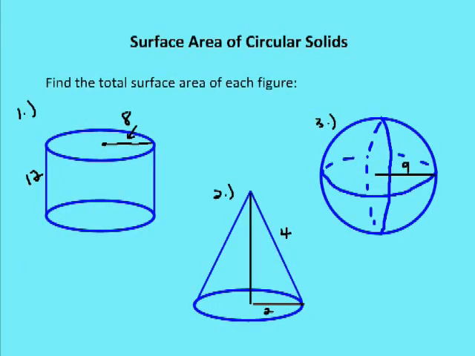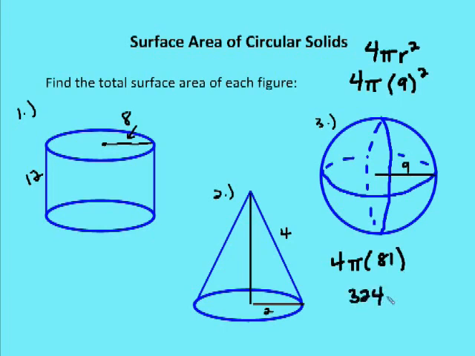In the last problem, we're going to find the surface area of a sphere. And the formula for the surface area of a sphere is 4 pi r squared. We see that the radius is 9, so that gives us 4 times pi times 9 squared, or 4 pi times 81, or 324 pi.